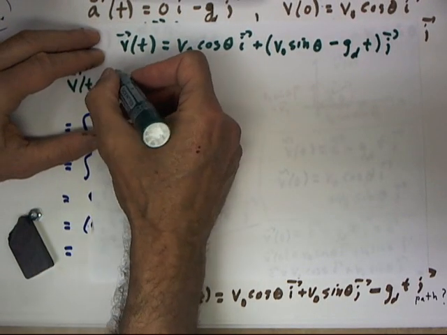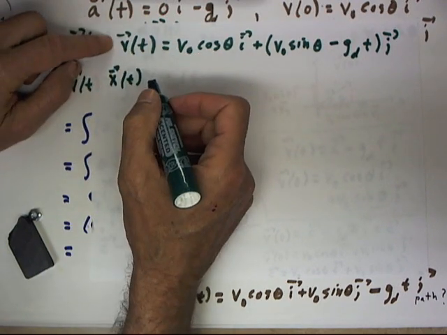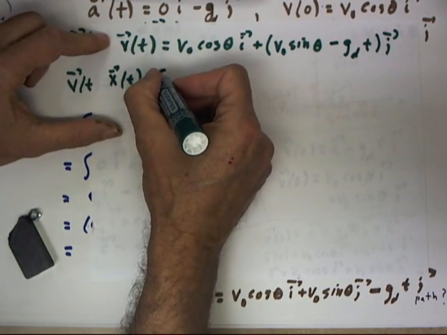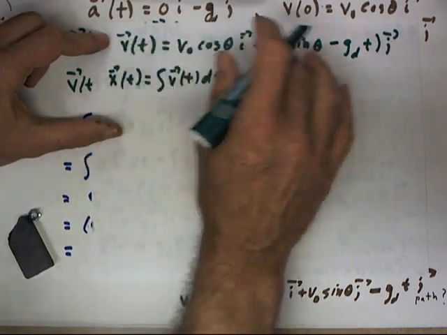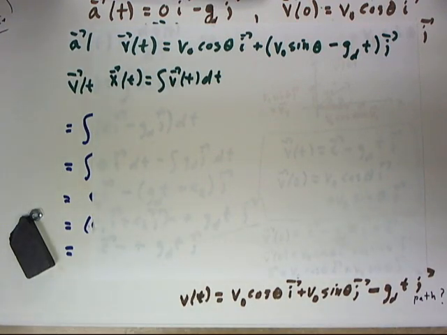Now we want to determine what the path of this object is, so we have to find a function x of t that goes along with this. Well, v is the derivative of our position function, so our position function is an integral of our velocity function. So we're going to have to integrate this function. When we do, we'll get another integration constant.